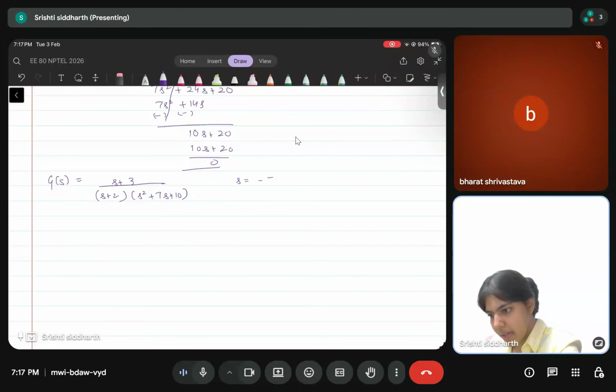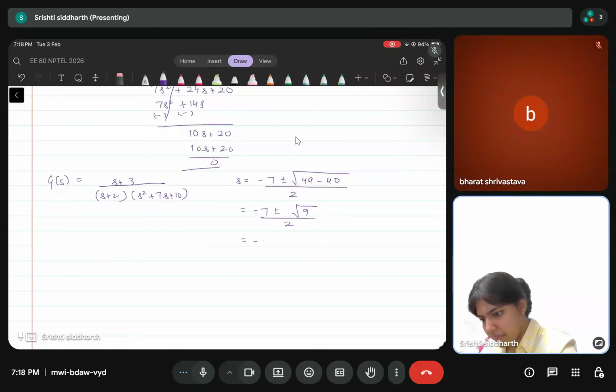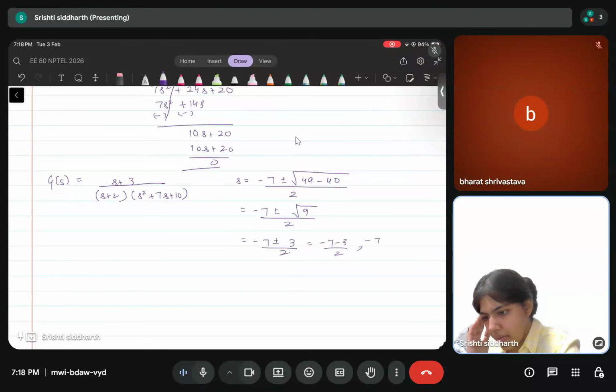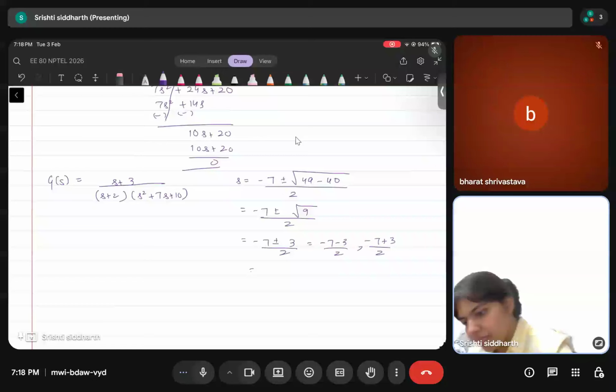S is minus 7 plus or minus the square root of the discriminant over 2, so I have minus 7 minus 3 by 2 and minus 7 plus 3 by 2.